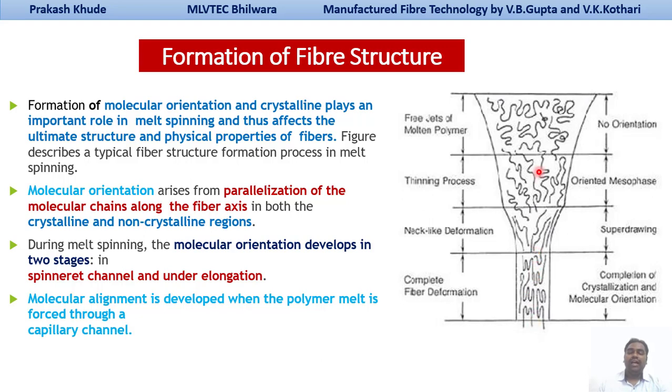So how can we achieve this molecular orientation in the polymeric chain? Molecular orientation arises by the parallelization of molecular chains along the fiber axis, in both crystalline and non-crystalline regions. During melt spinning, this molecular orientation develops in two stages: one is in the spinneret channel, and the second is in the elongation.